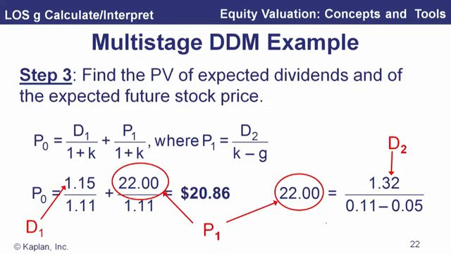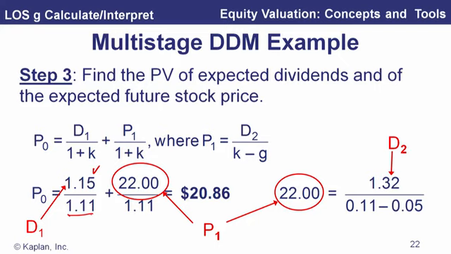But we still have a dividend to account for, don't we? We haven't accounted for that first dividend. We accounted for D2 through D infinity, but we still need to take the present value of this first dividend, so we've accounted for them all.